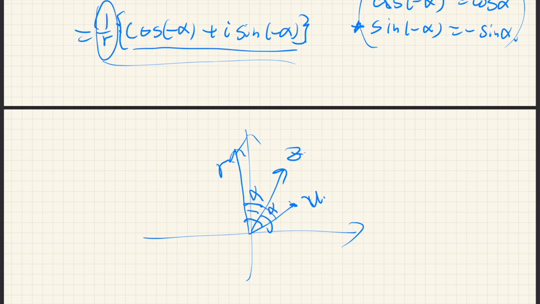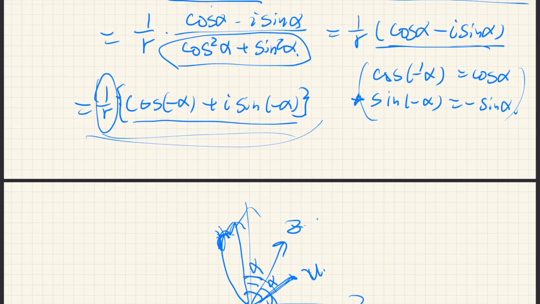So the length becomes larger. But if you divide by z, then it's rotated in the opposite direction, and the length is shrunk by r. So that's the effect of dividing by a complex number.